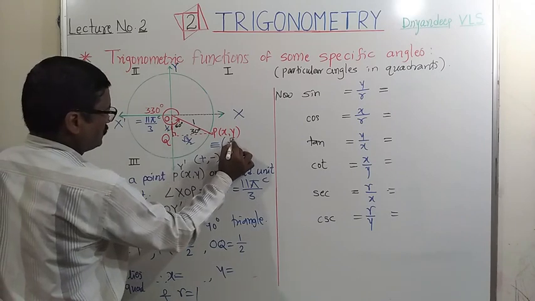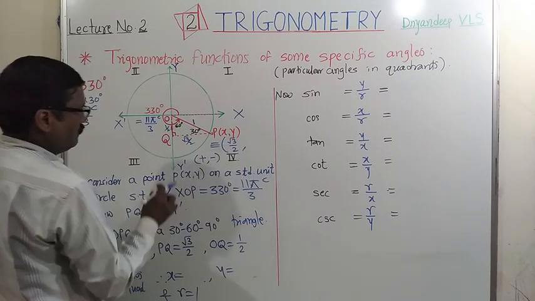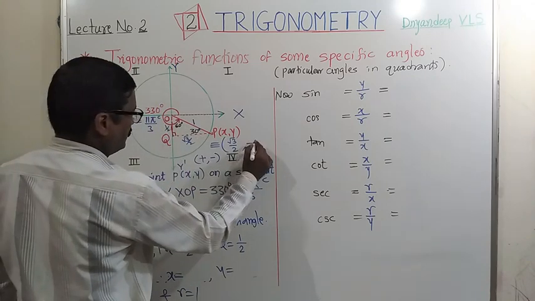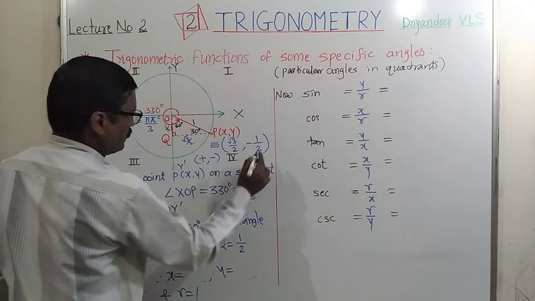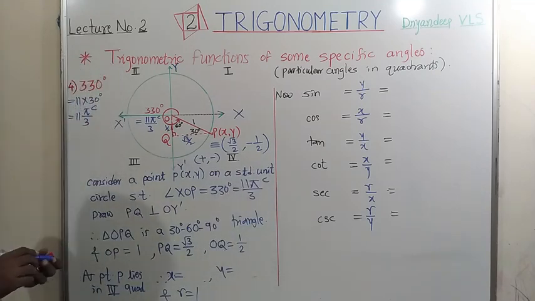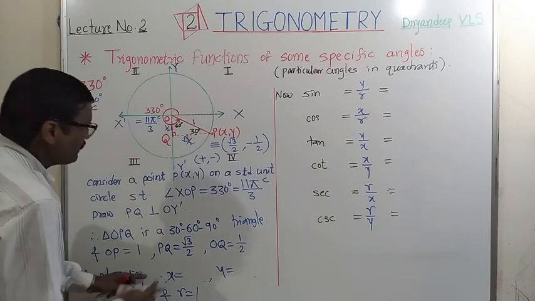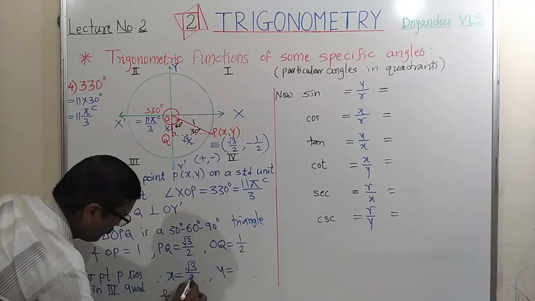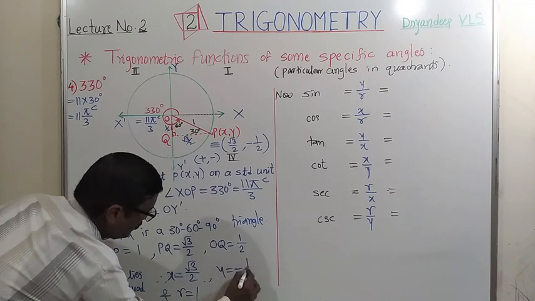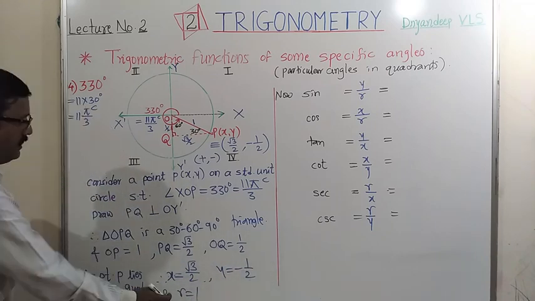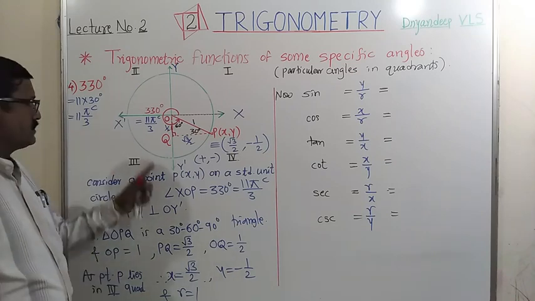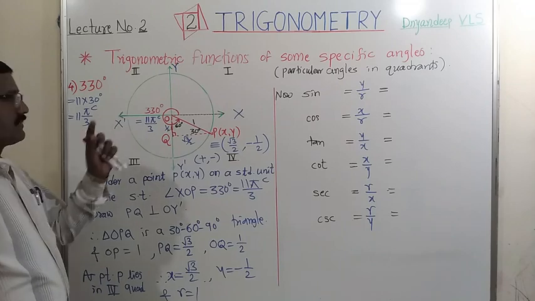And y is half, but y is on the negative y axis, so it's minus 1 upon 2. So the coordinates of P will be root 3 upon 2 and minus half. Therefore x is root 3 upon 2 and y is minus half, and r is 1 as it is. So these are the values related to this angle.